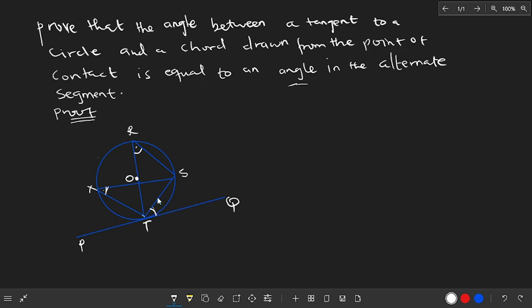So let's name this angle here Z, and this angle as X. Then this angle too as Y. What we want to do is show that this angle here, X, is equal to Z. So how are we going to do that?